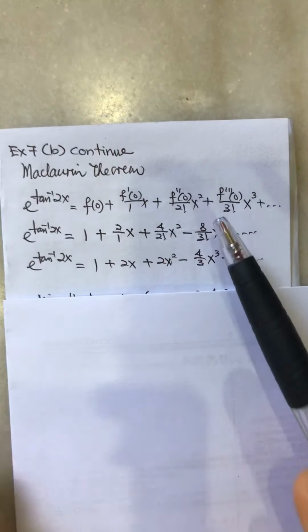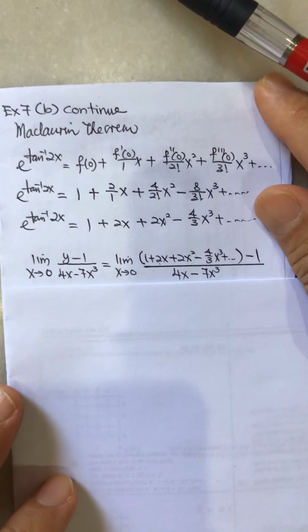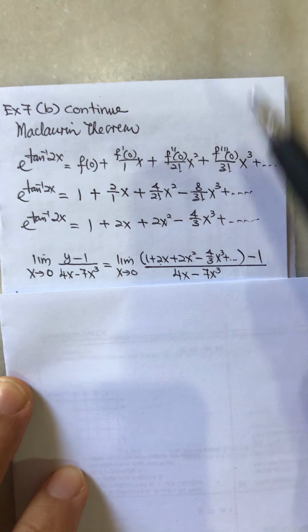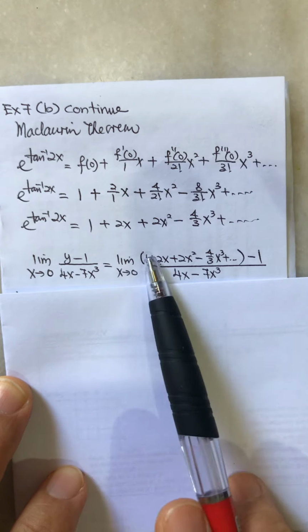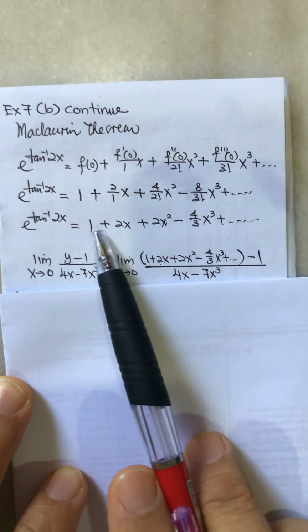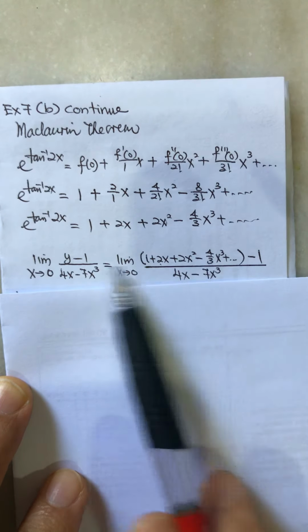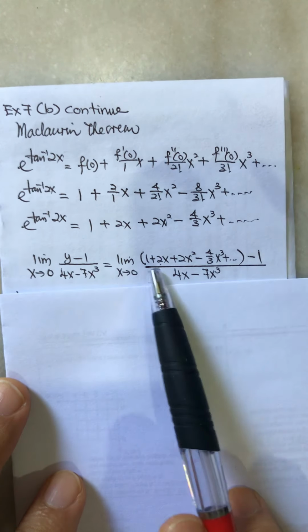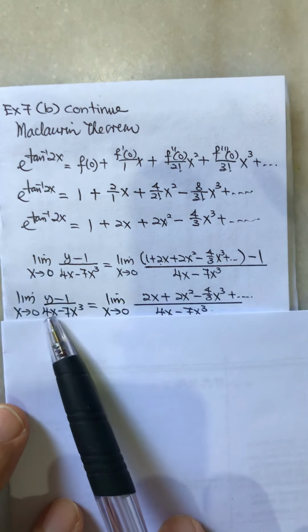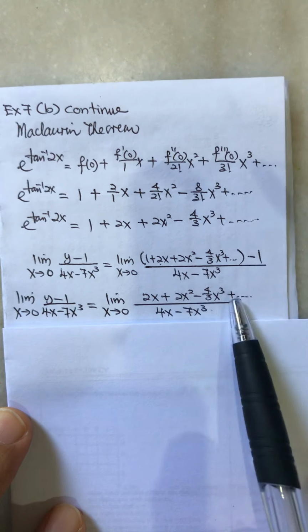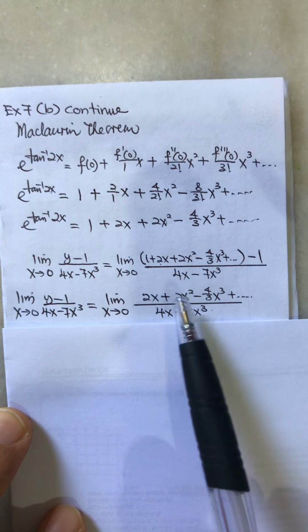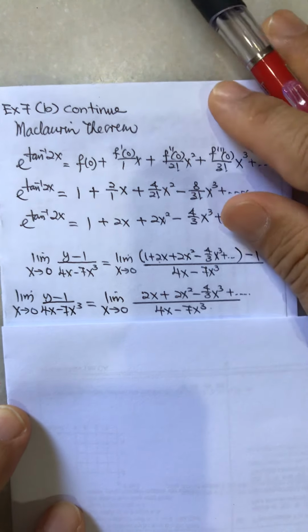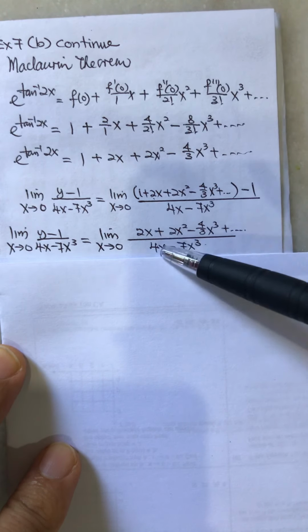Okay, so here you see I'm going to find the limit of this. Since I want to find the limit, I just substitute the y. Y is this one, this is y. So I substitute everything inside, and then minus 1 over this. So the 1 and 1 cancel, that's why I get this 2x, all this I get. Then you see the top one and the bottom one, actually I can factorize.